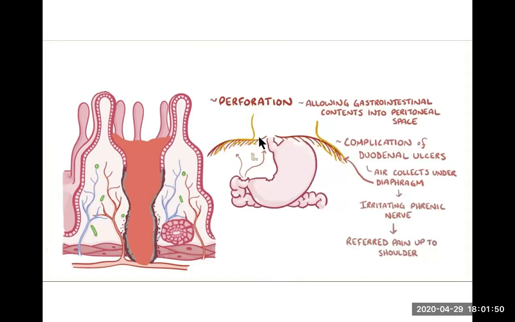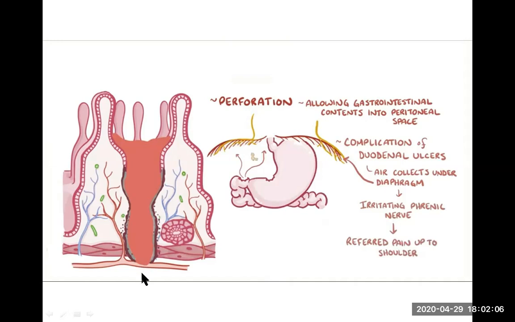Then the other serious complication that may happen in peptic ulcers is perforation. Because of this perforation, the gastric contents will leak out into the peritoneal space.